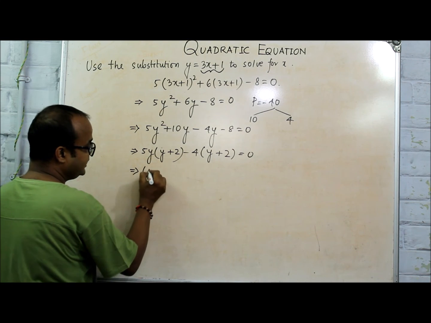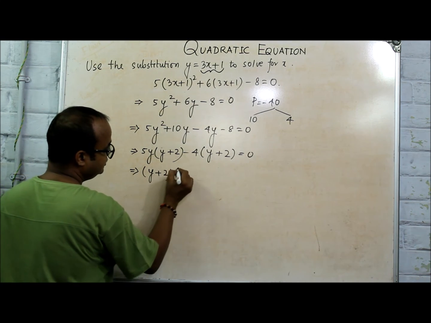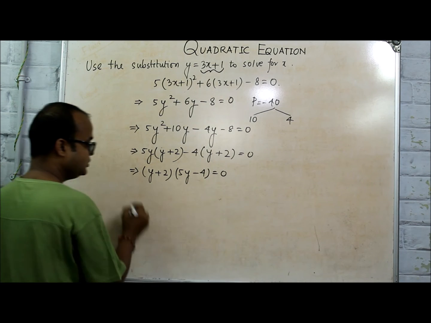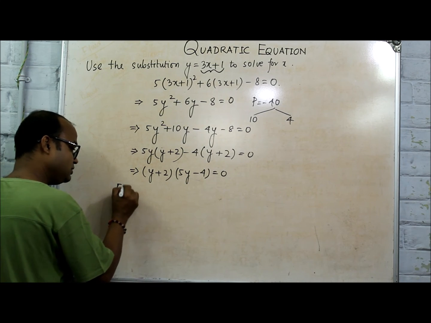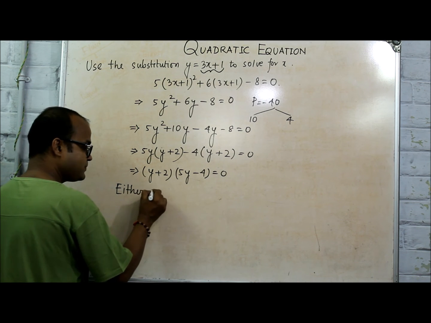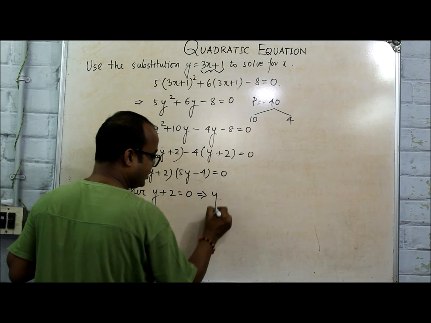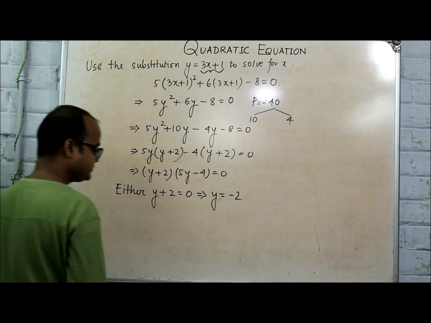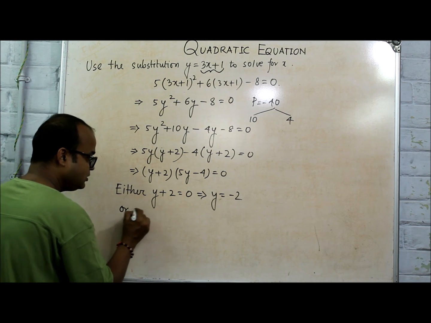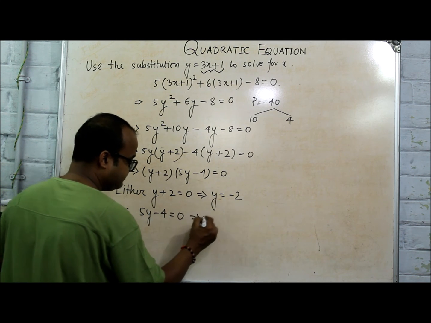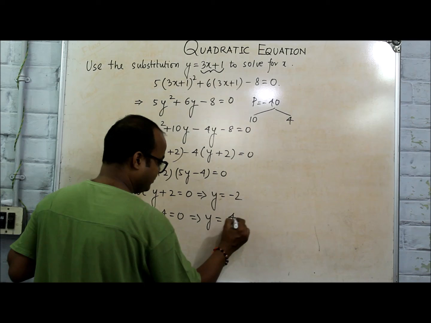So from here we get y plus 2 times 5y minus 4 is equal to 0. So either y plus 2 is equal to 0, it implies y is equal to minus 2, or 5y minus 4 is equal to 0, it implies y is equal to 4 by 5.